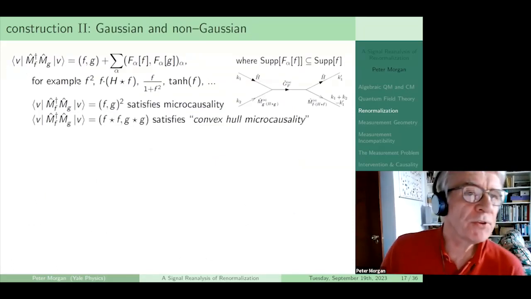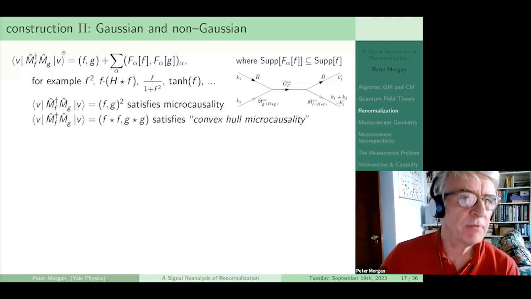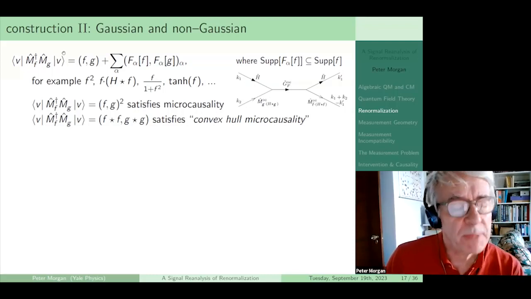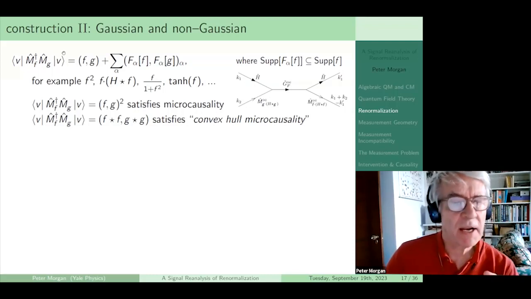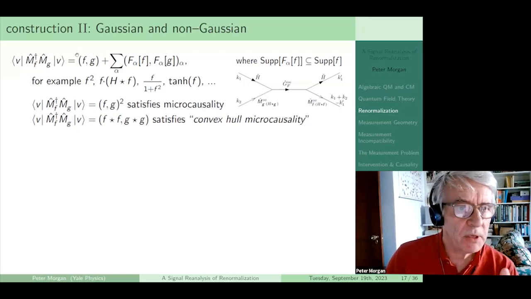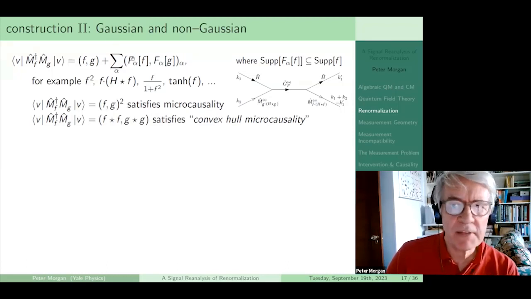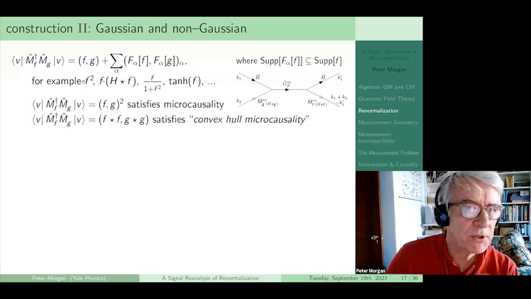We have for the smeared 2-point test function for a Gaussian field, the smeared 2-point vacuum expectation value, we'd have the linear contribution we'd know and love, but we can add to that now a nonlinear construction where we can take these functionals to be anything that satisfies the support condition that the support of the functional applied to F should be a subset of the support of F. So that could be the square.